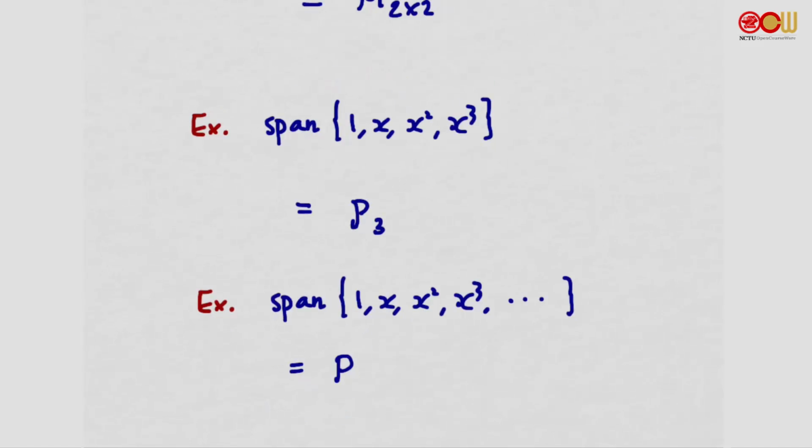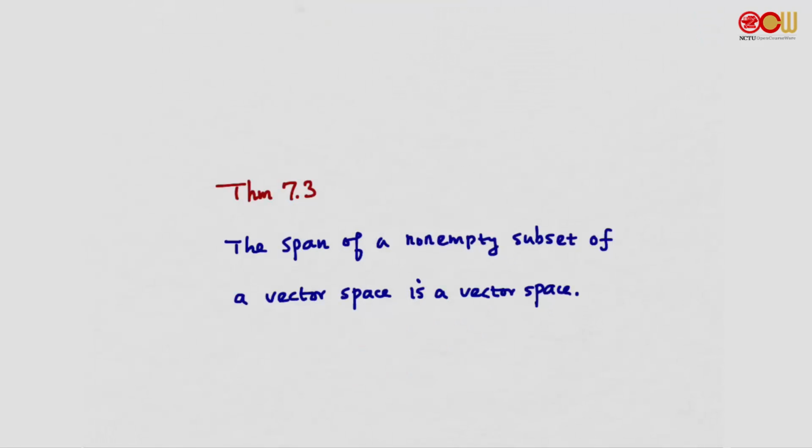How about the set that contains powers of x, with non-negative powers of x? Then we get P. We can show that the span of a non-empty subset of a vector space is a subspace, and therefore is a vector space, and that was Theorem 7.3.